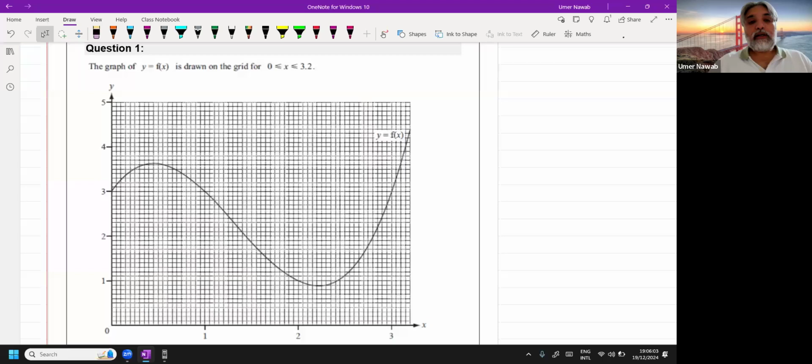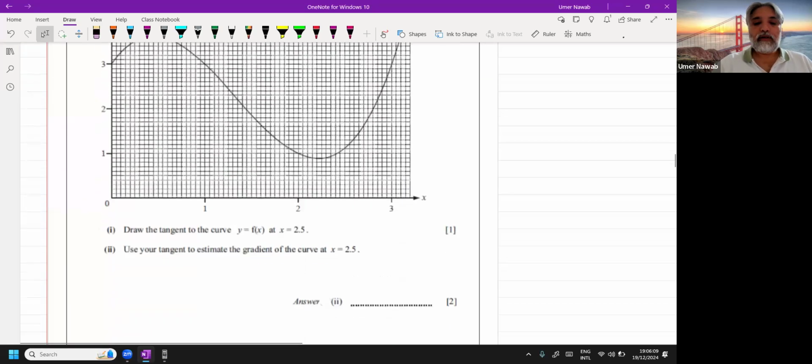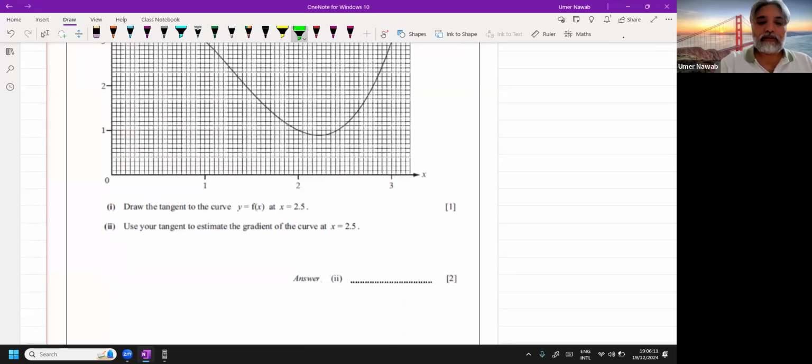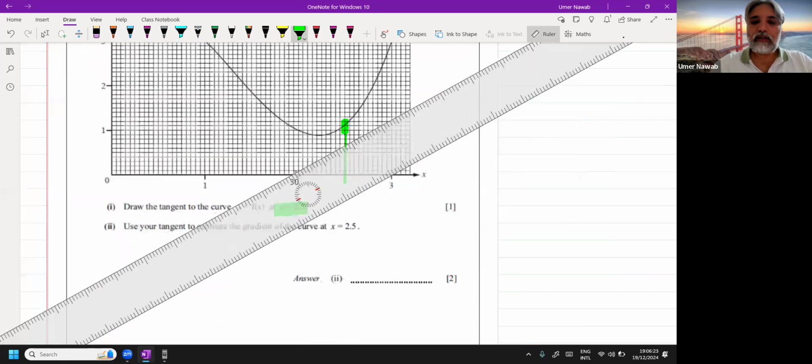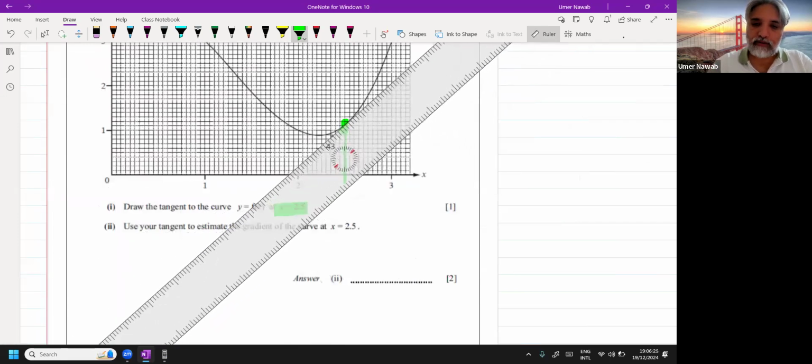Another important point, you will see that the sketch or the graph is already drawn. Examiner is interested, draw the tangent at x is equal to 2.5. So obviously this is 2.5. Can I go to the graph? So I want to draw the tangent at this point. Now, how in the exam do you have to draw the tangent?